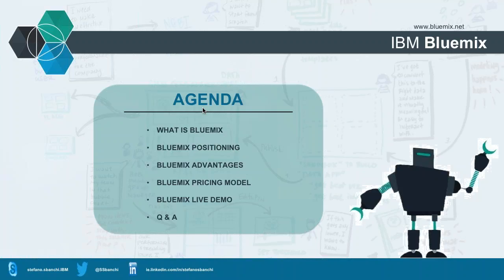For a live demo, we create very quickly a Node.JS app. At the end of the presentation, you will have a clear understanding of what IBM used to bring in the cloud environment for the PaaS offering, and how Bluemix can help your project to grow and succeed.